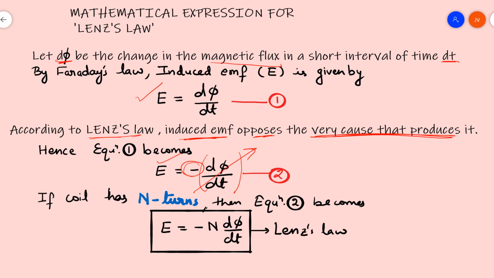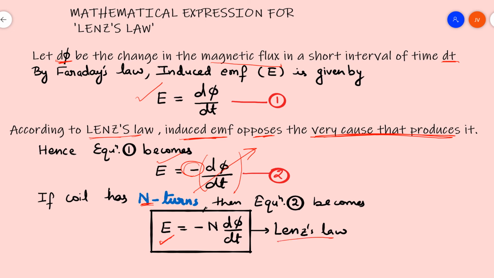But if the conductor or the coil in which induced EMF is produced has many turns, say n number of turns, more number of turns, more induced EMF or more induced current, then by Lenz's law, induced EMF will be minus n d phi by dt.